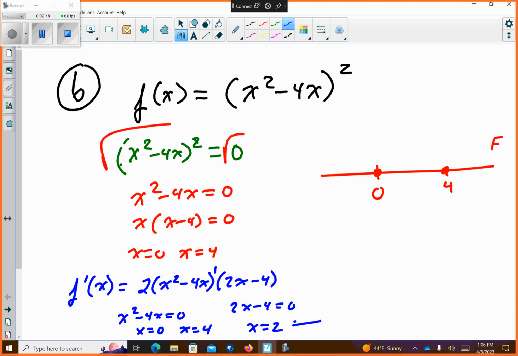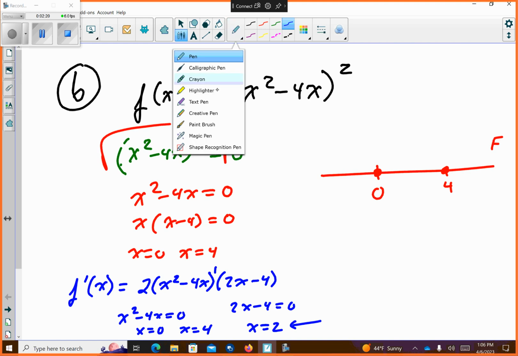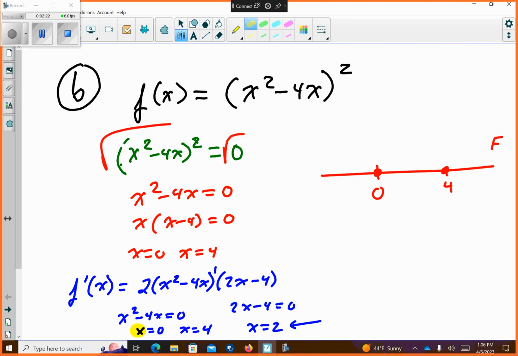Okay? So these values down here are where the slope of my derivative would be equal to 0. So horizontal.